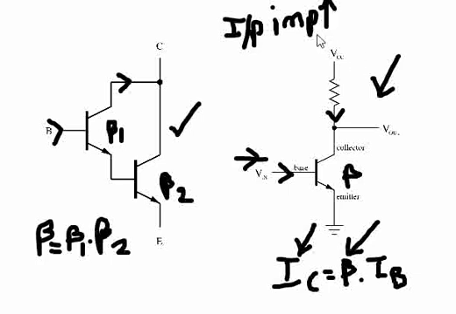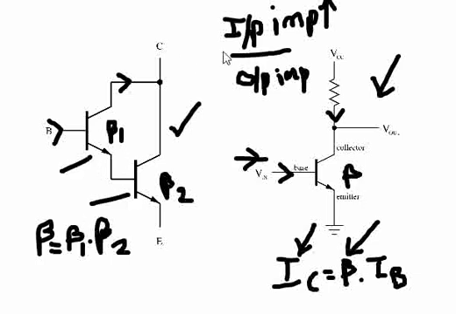The output impedance is low, which is a very important characteristic to become a buffer. Considering that there are two transistors, the input impedance of this Darlington pair is much higher than the single transistor circuit. So it plays a very crucial role to be used in buffer circuits as well. That's one more advantage of having the Darlington pair.